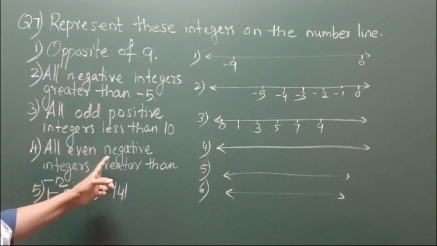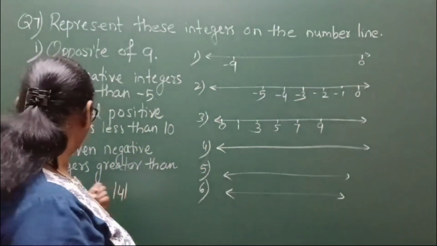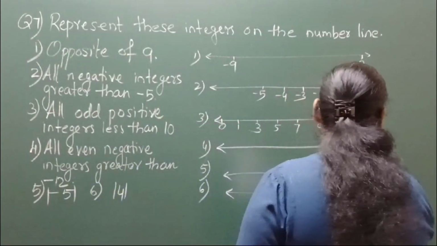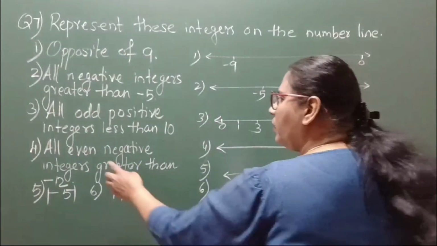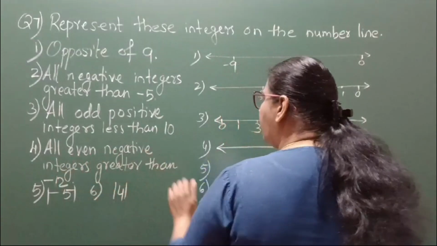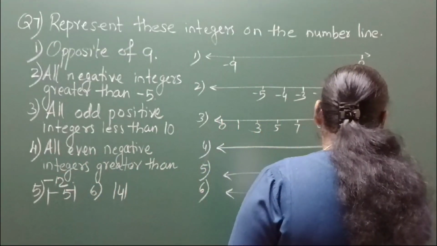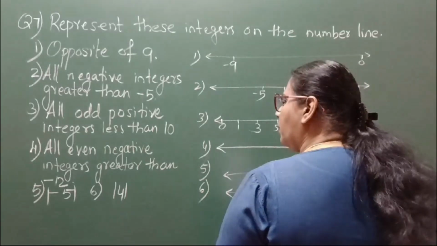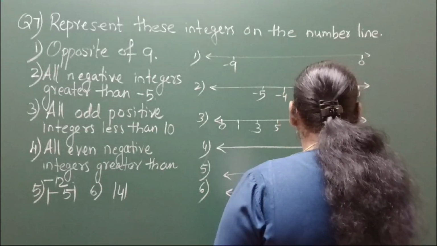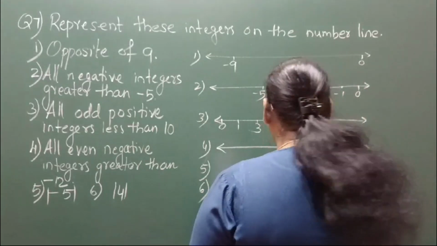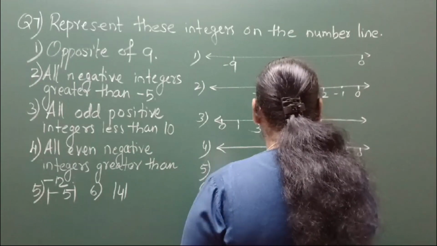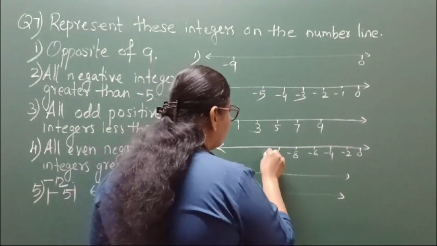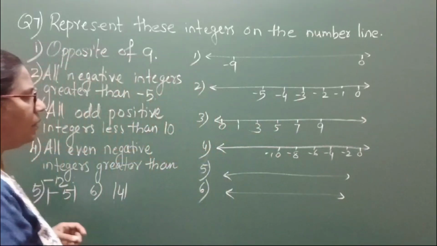Next is all even negative integers greater than minus 12. 0. All even negative integers, that is minus 2, minus 4, then minus 6, then minus 8, minus 10, then next is minus 12.